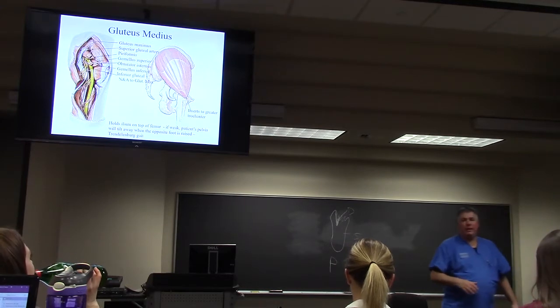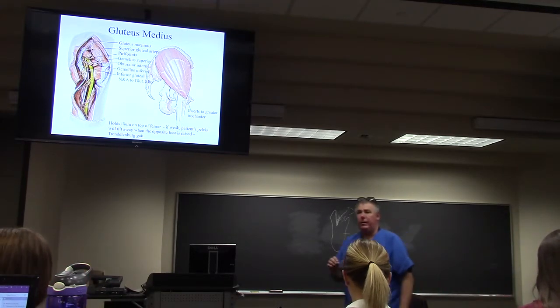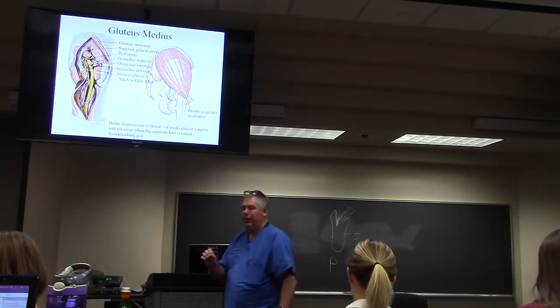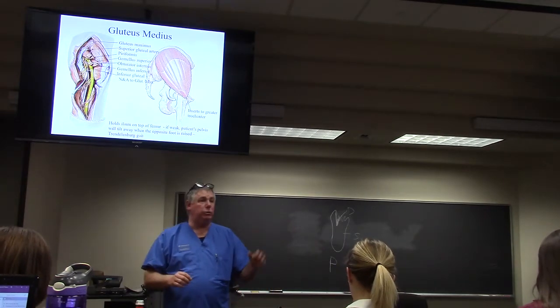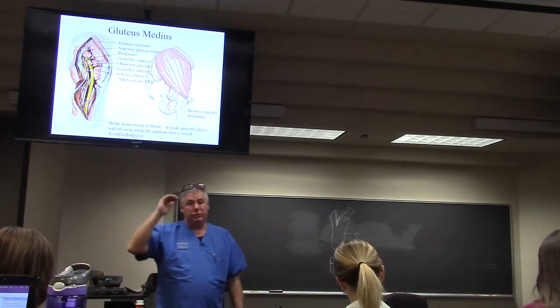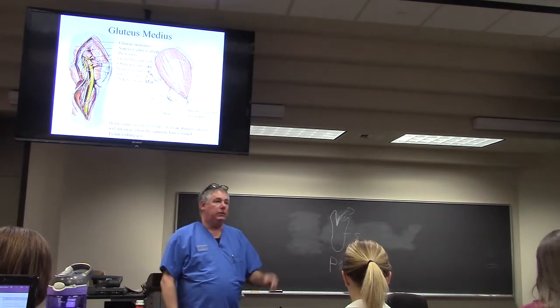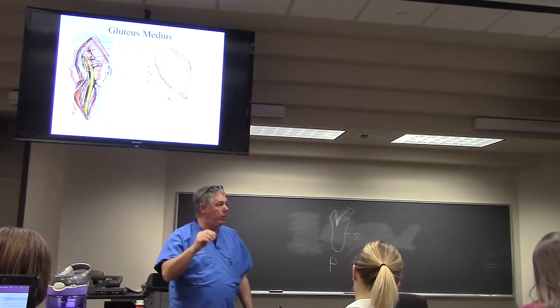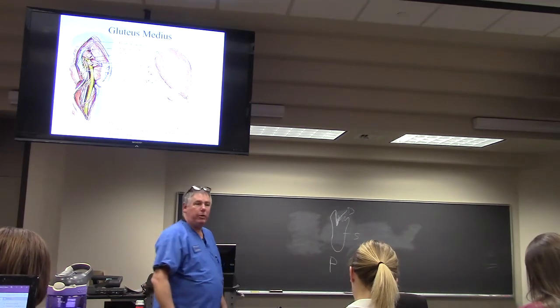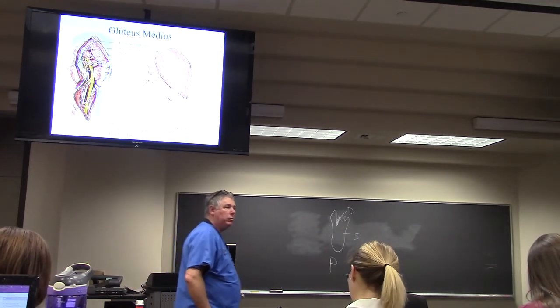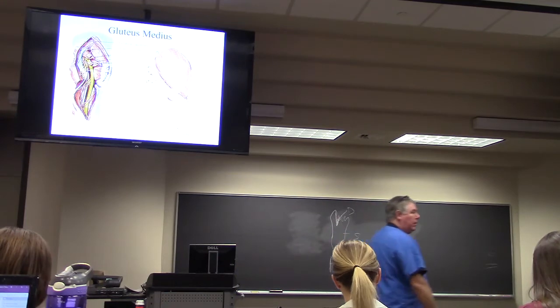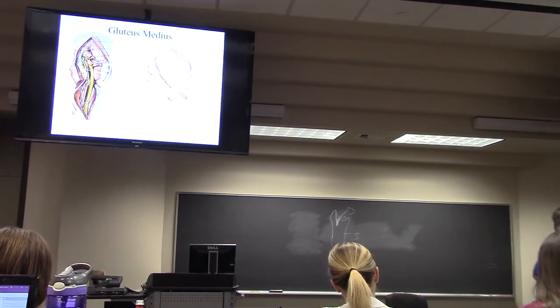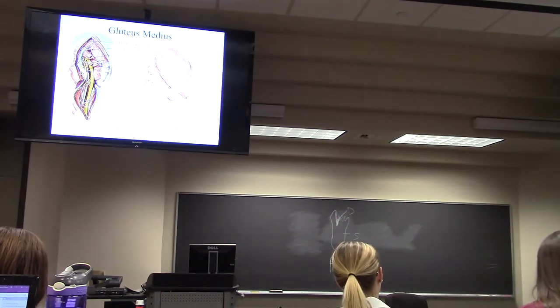If the nerve to the gluteus medius, and by the way, it's the superior gluteal nerve that supplies medius and minimus. So if there's damage to the superior gluteal nerve, when you walk, instead of relying on the muscles to do that parking for you, you have to physically do it.